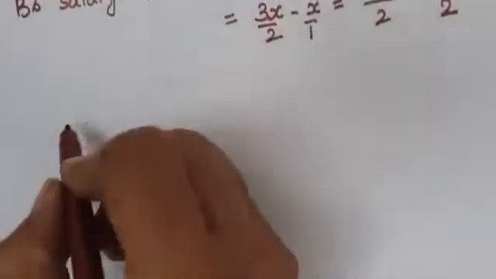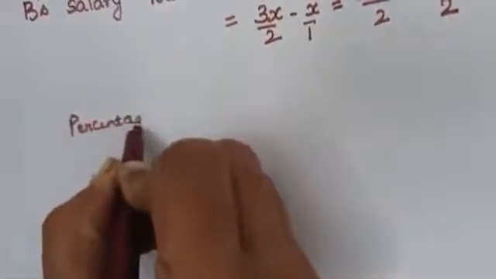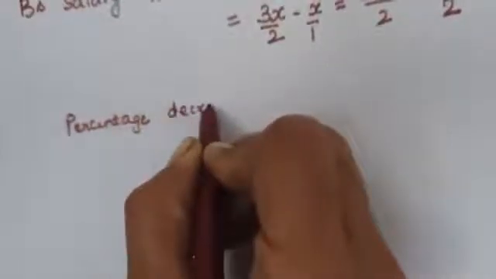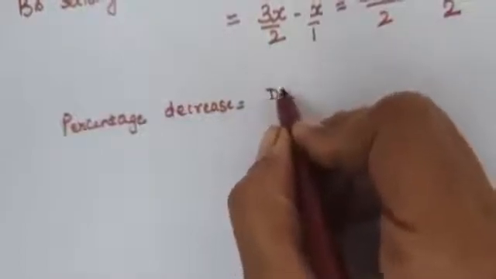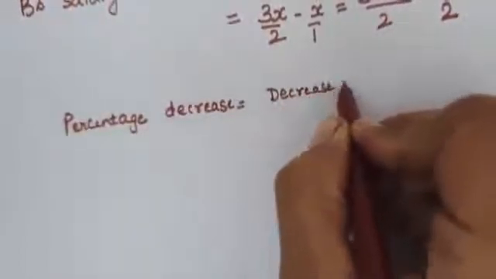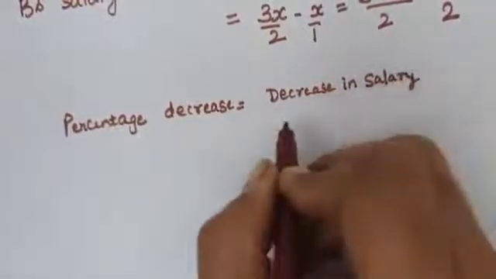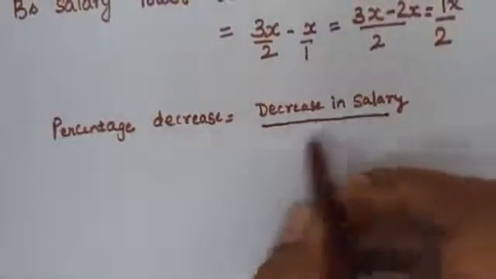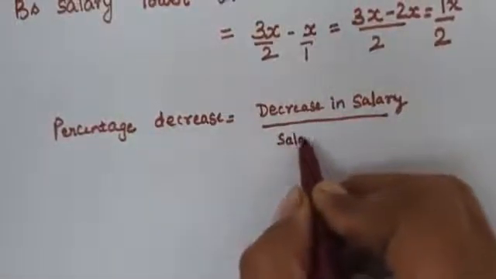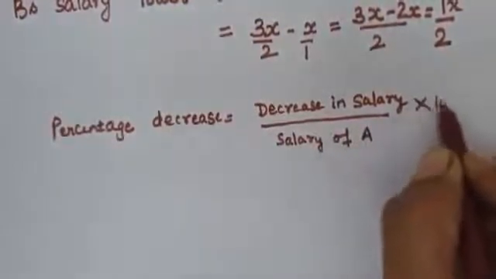So now we will apply the formula of percentage decrease, which we have already done. According to the question, I am just making the formula: decrease in salary upon salary of A into 100.